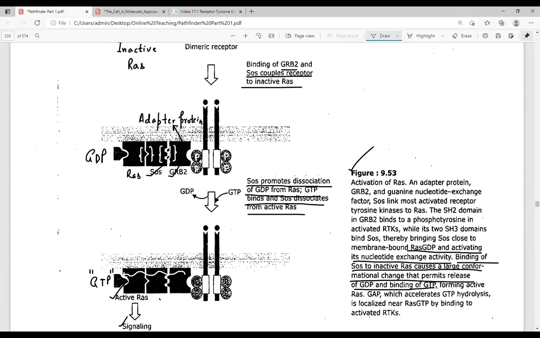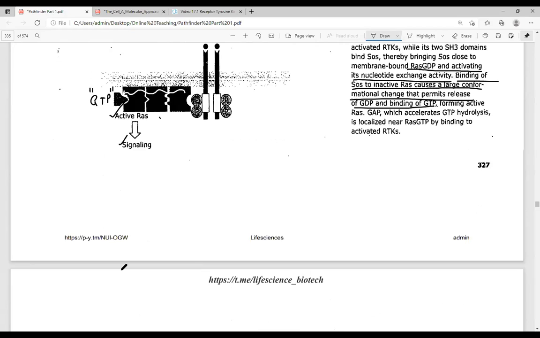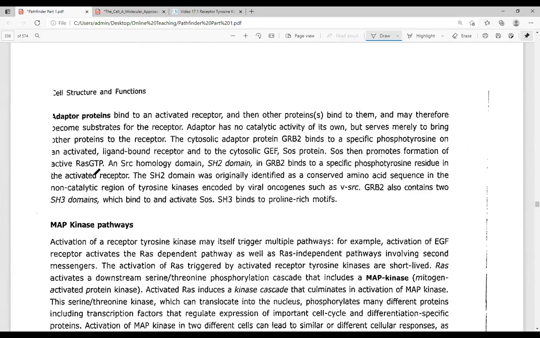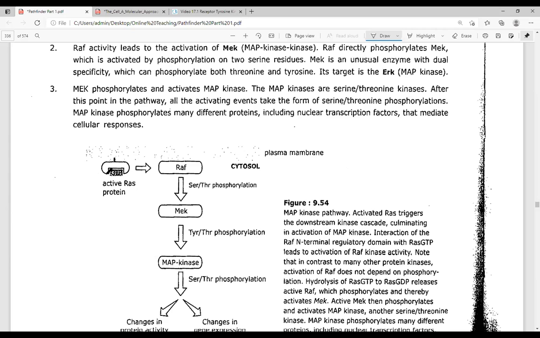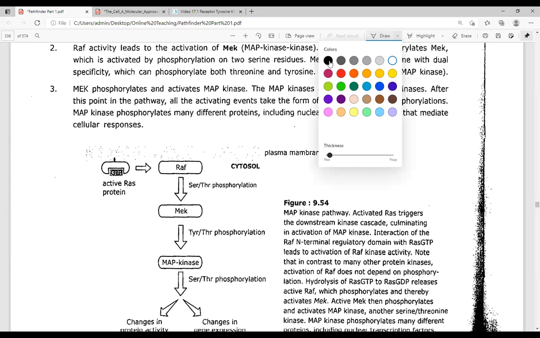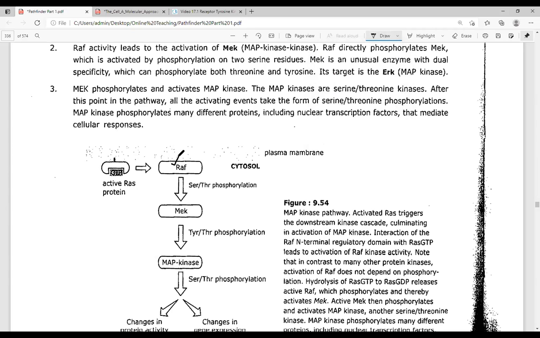Once this molecule has been activated, it binds the GTP molecule, and GTP binding will cause the activation of another protein, referred to as the RAF protein.